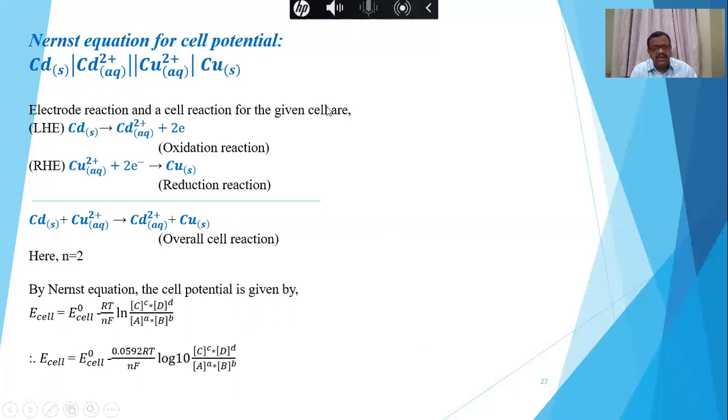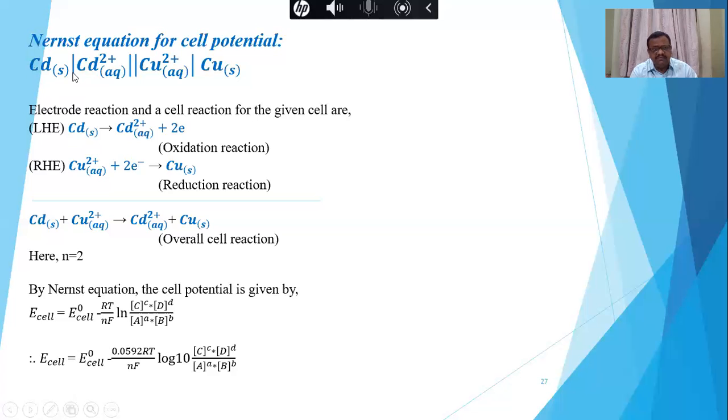Suppose we have a cell: Cd | Cd²⁺ (aqueous solution) || Cu²⁺ (aqueous solution) | Cu. The copper electrode is the cathode and the cadmium electrode is the anode.